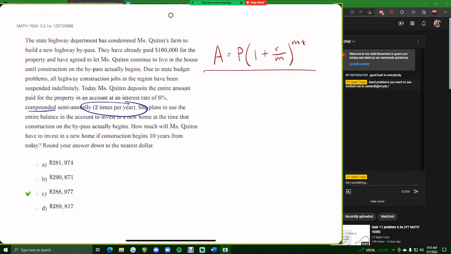You might hear it called compounded periodically rather than continuously. Really just look for if it tells you a certain number of times per year that it is compounded, you'll be using this one, because the only different variable with this one compared to the A equals PERT equation is the M value, and M represents the number of times per year it's compounded.